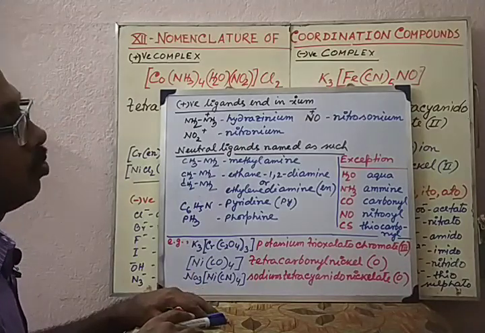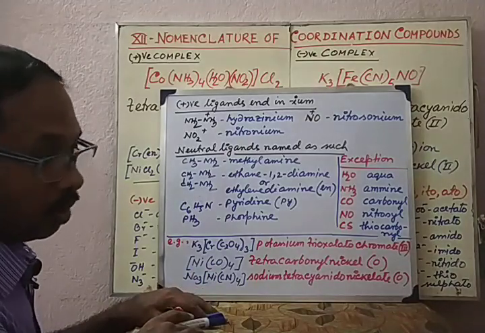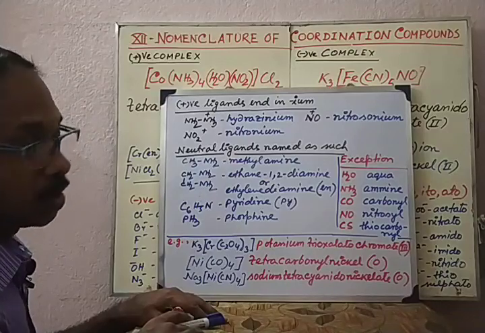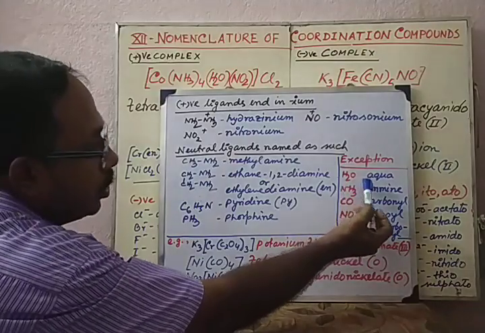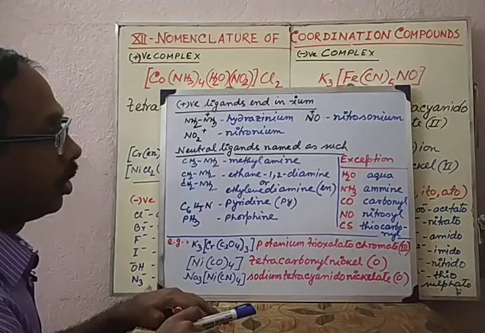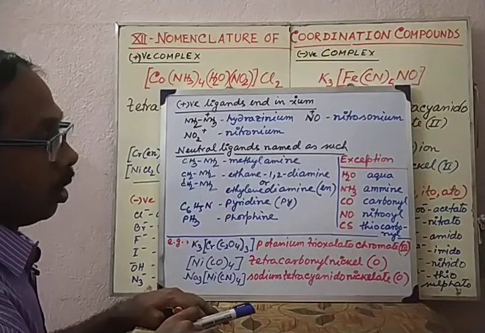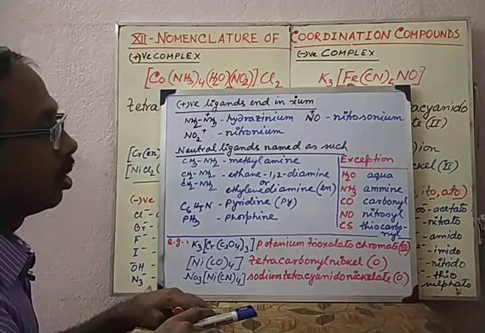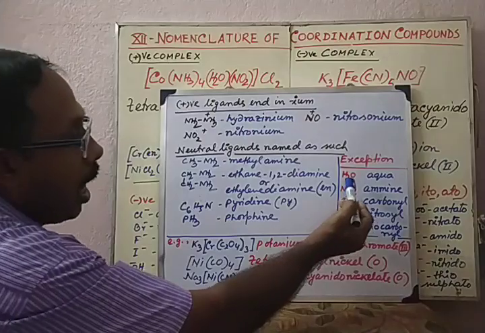Now there are some neutral ligands which are very frequently used. They have some exceptional names, like H2O is written as aqua. Earlier it was written as aquo. Still in some books it is not changed, but right now the actual rule is aqua.